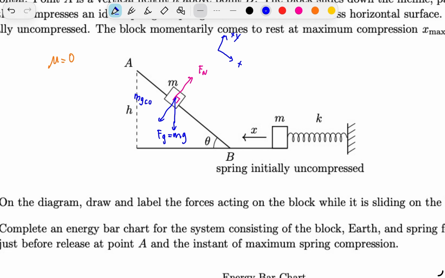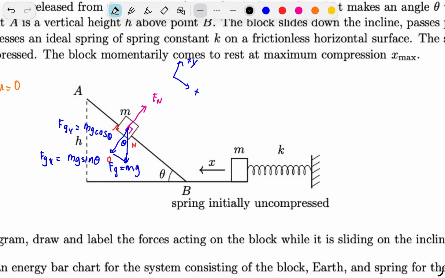This will be mg cosine of theta, and then this will be mg sine of theta for your FGx component and for your FGy component, because this will be your angle theta, and we can label this side as your hypotenuse. This is your adjacent side, and this is your opposite side from angle theta, which is how we get those relationships.